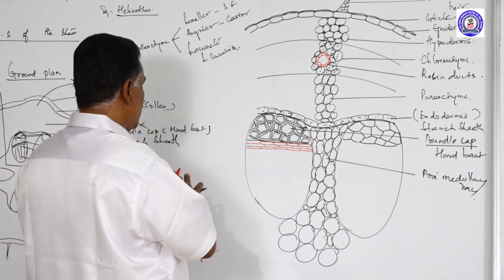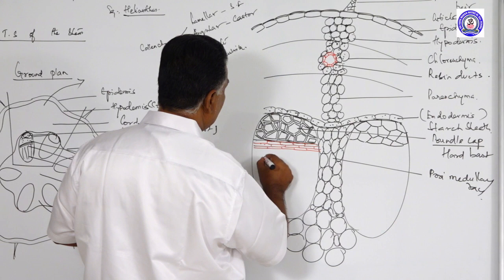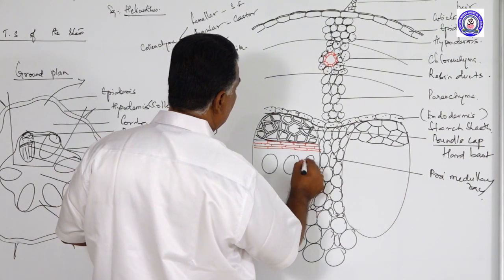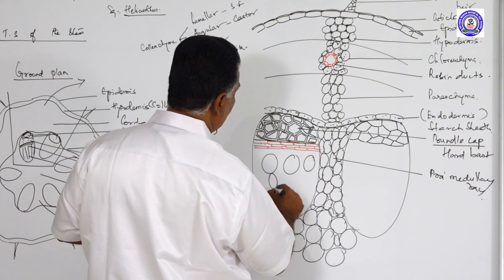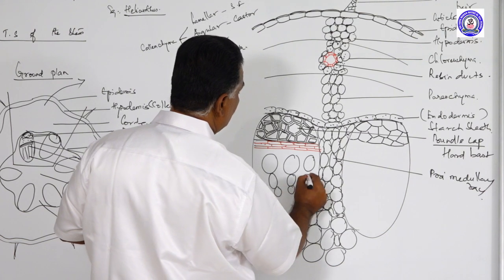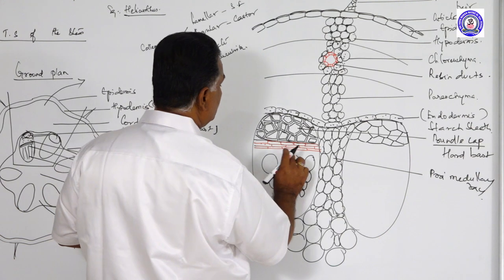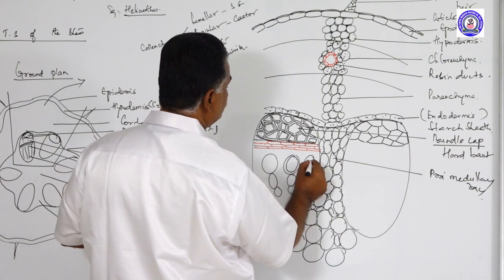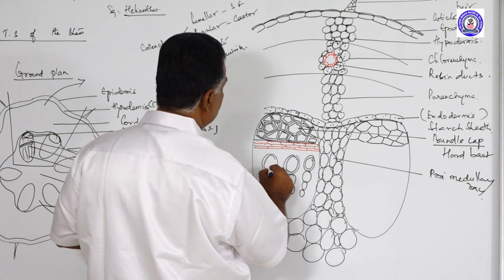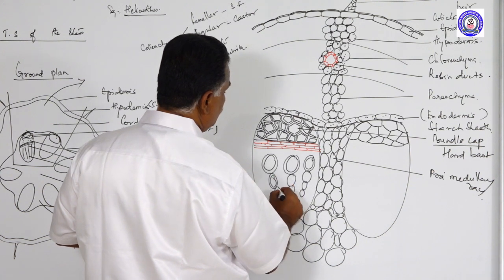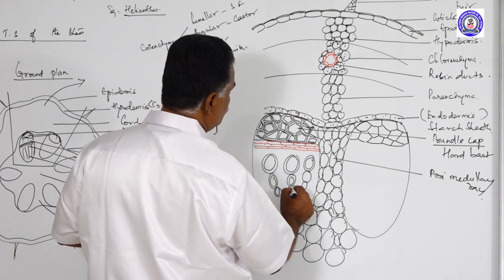And towards inside, next to that, few radial rows of xylem. Here, metaxylem towards outside, protoxylem towards inside.